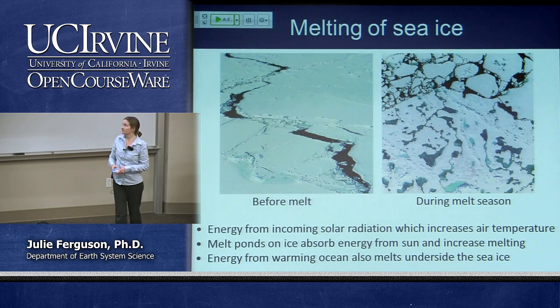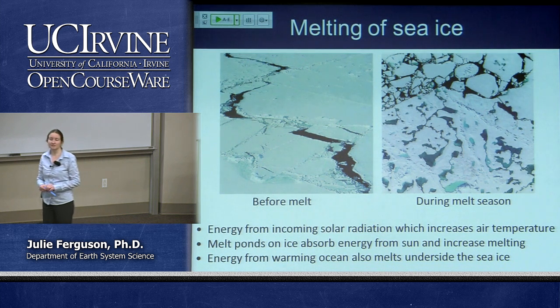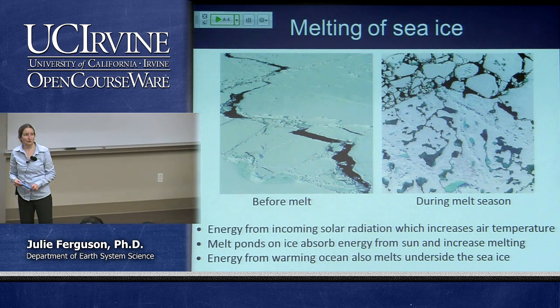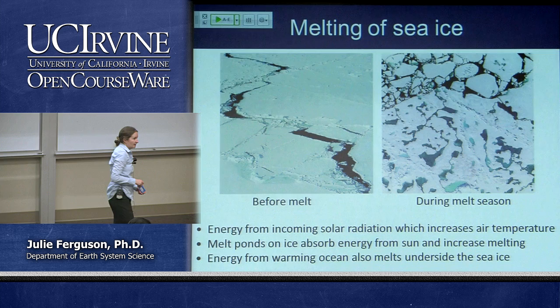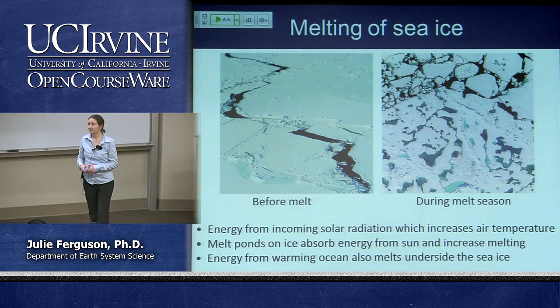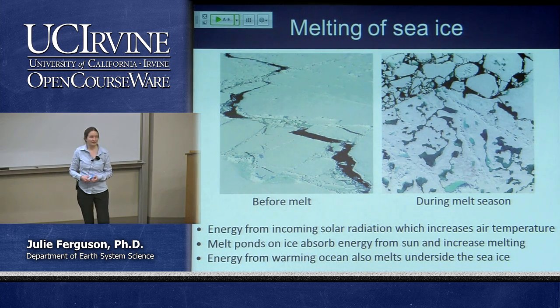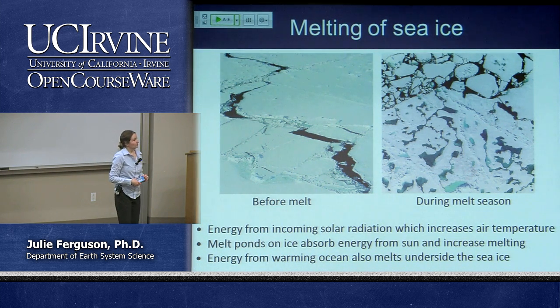Okay. So obviously, our sea ice forms in the winter usually when it gets cold enough for that water to freeze. And then, of course, we get spring and summer, and a certain amount of that ice will melt away because we have that energy coming in from the sun, warming the air, warming the ice itself.